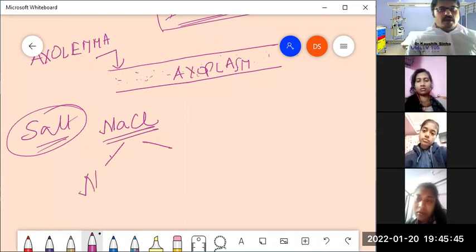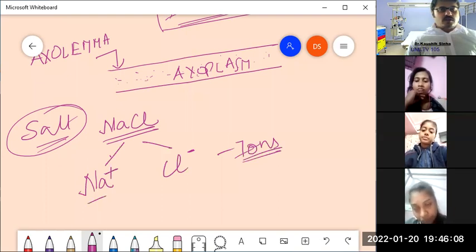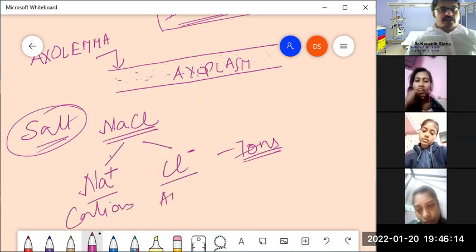And when this dissociation occurs, then the sodium assumes a positive charge and the chlorine assumes a negative charge. We call these positively and negatively charged atoms ions. যদি চার্জটা পজিটিভ হয়, we call that cations. যদি চার্জটা নেগেটিভ হয়, we call that anions.